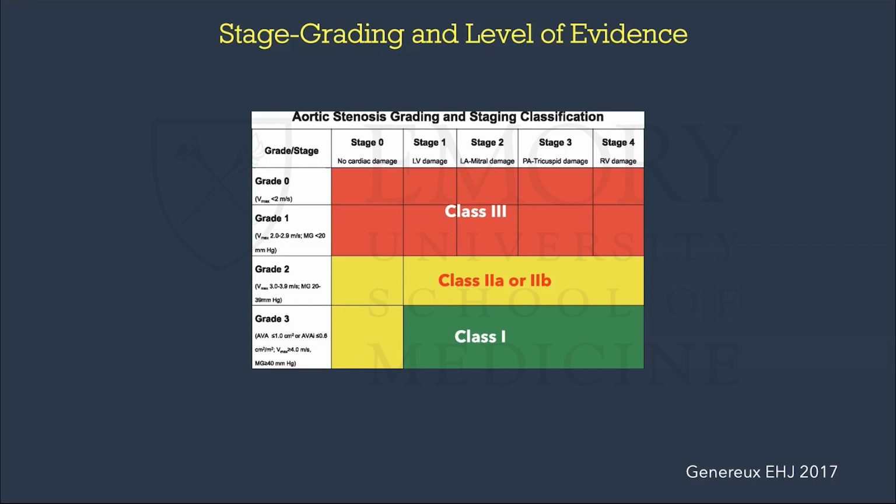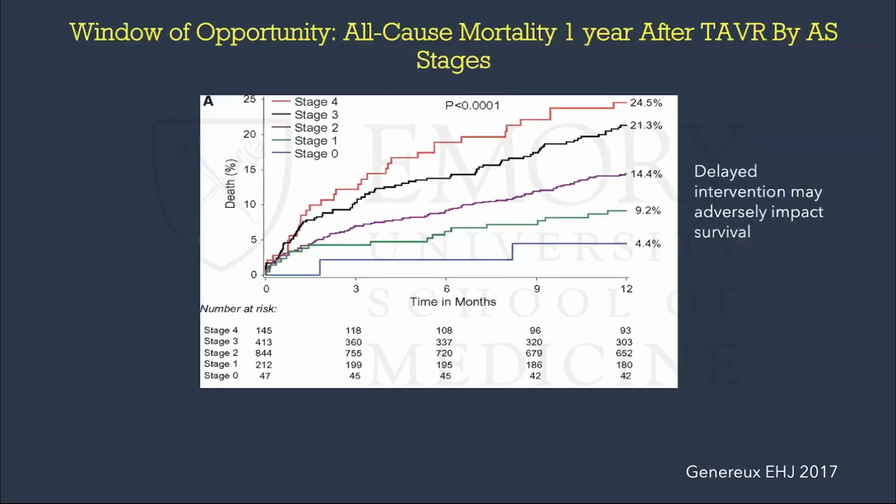For those who have stage 1 and above, and classify as grade 3, with a valve area less than 1, an indexed valve area less than 0.6, and a gradient of 40, they all fit into a class 1 indication. Those who have intermediate grade 2 fit into class 2A or class 2B. And those who, regardless of the stage, have grade 0 or grade 1 tend to have class 3, which is not indicated.